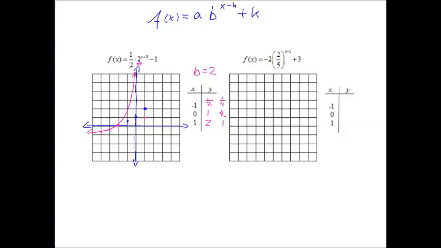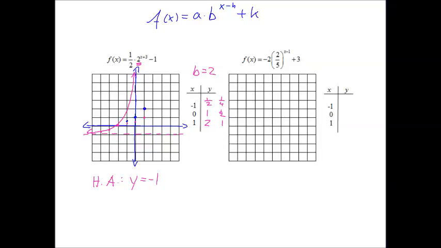And our horizontal asymptote also has moved. It has moved down 1 step, and that was based on our k. So the horizontal asymptote is now at y is equal to -1.